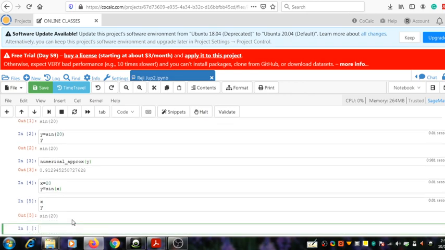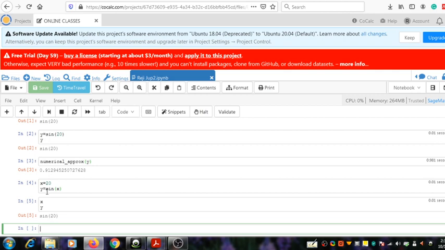Yeah, it displays only sine, but it doesn't display the value of x. It displays only the value of y, because x is equal to 20 and y is equal to sin x. Since x is pre-assigned the value 20, it comes in place of x and becomes sin 20, and that is then assigned to the variable y.